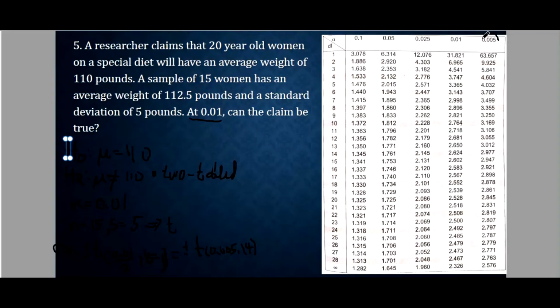So we have 2.977, plus and minus 2.977. Okay, so we have the critical values.